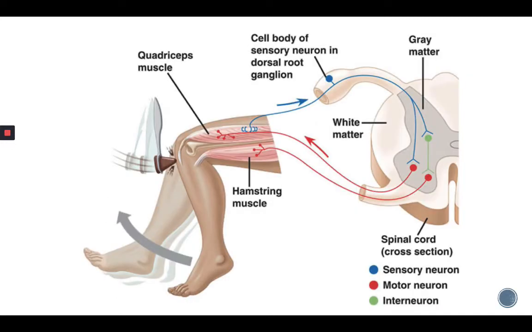Also, whenever you go to a doctor for a simple checkup, what happens? In order to check your reflexes, the doctor sometimes uses a hammer and slightly hits your knee. And what happens here?